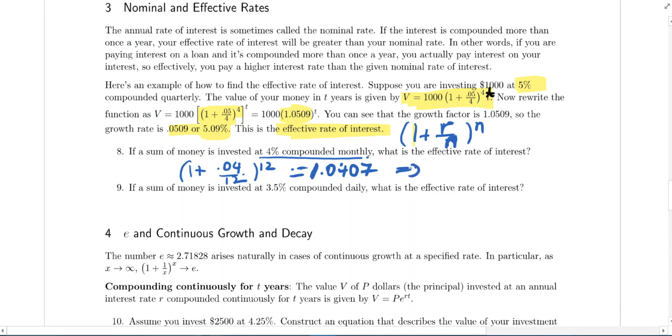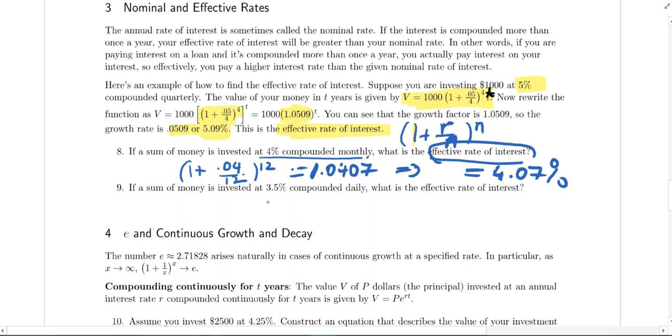So this makes the effective rate of interest equal to 4.07%, which is slightly higher than 4%.